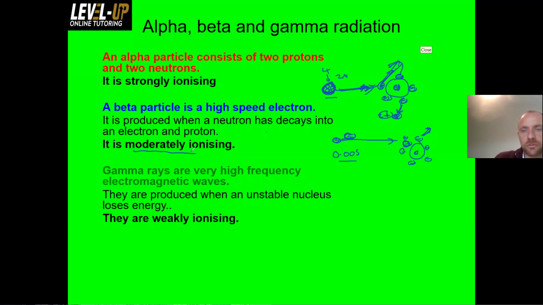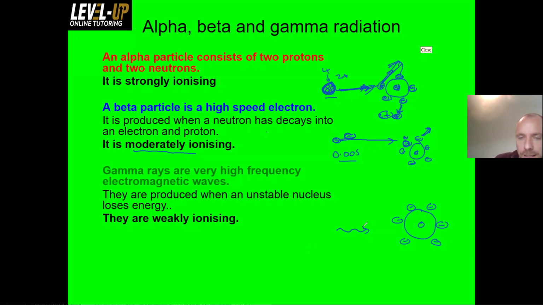It is moderately ionizing. Our final one, again, here's our atom with 1, 2, 3, 4, 5, let's give it a 6th electron. This time, we've got a gamma wave. That wave has a lot of energy, but it has no mass at all. Literally, it's like light. It's like shining a torch on something.